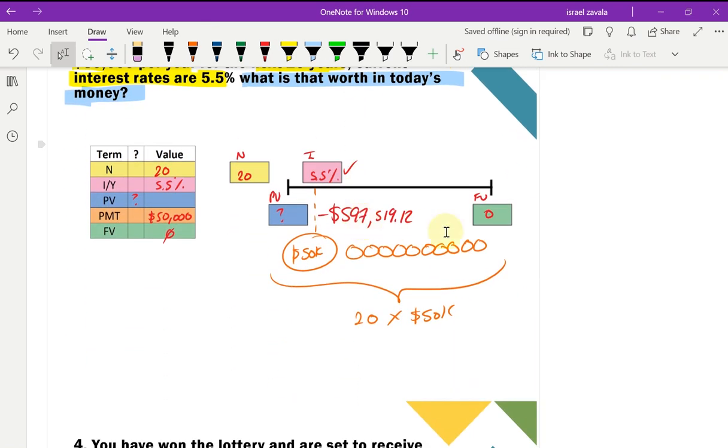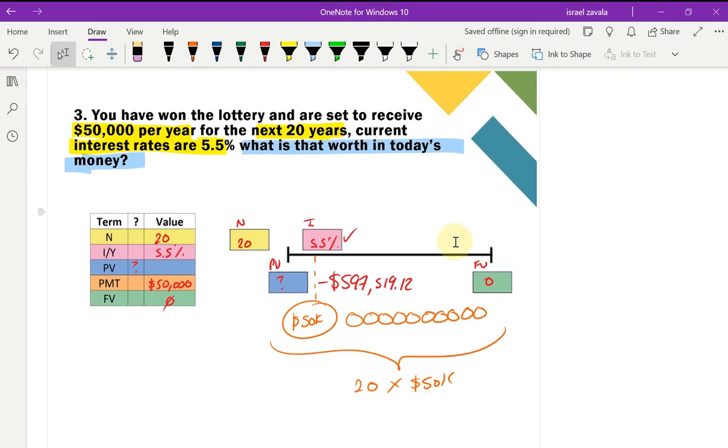So if somebody said, you won the lottery, you're receiving these $50,000 payments for the next 20 years, right? Somebody offers you this amount of money today to buy your stream of $50,000 payments. Well, if you're confident that this is an appropriate discount rate, then you would take that money, right?